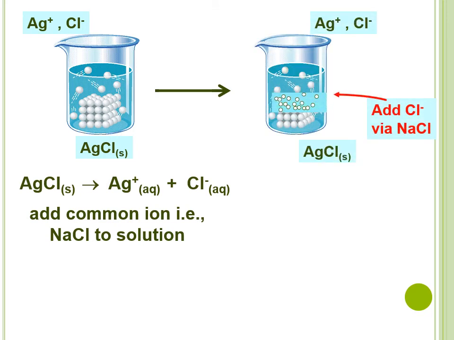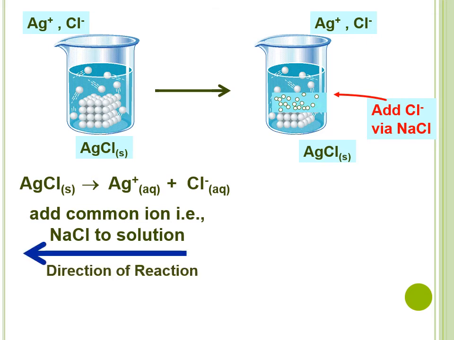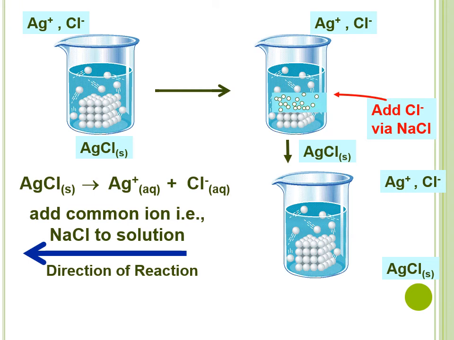We can see that here the chloride ion will be dissolved in the water, making the solubility of AgCl decrease until the product is once again equal to Ksp. Therefore, the addition of common ions will reduce the solubility of a slightly soluble salt in its saturated solution.